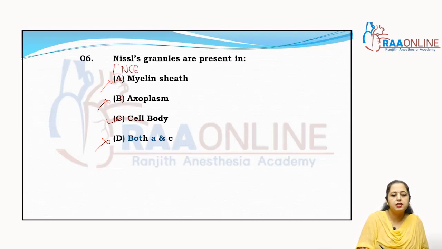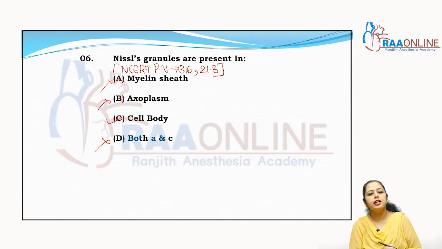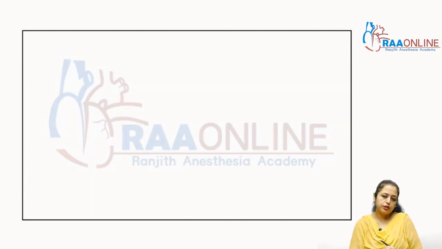So the answer is cell body, and the exact line is given in NCERT page number 316, at heading number 21.3, in the second last line, which is given about the Nissl's granules.